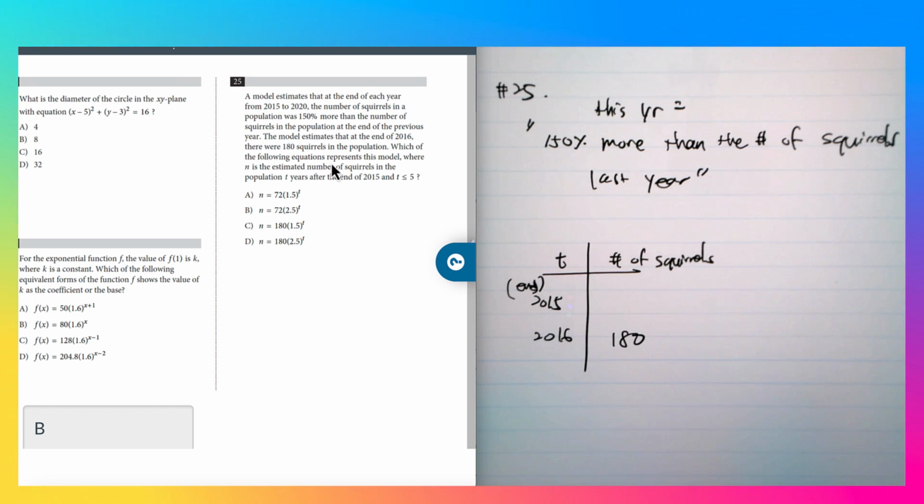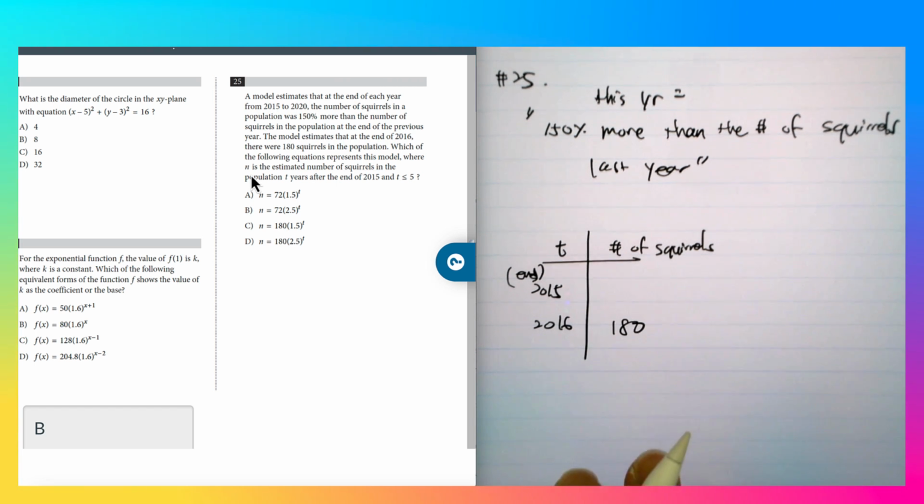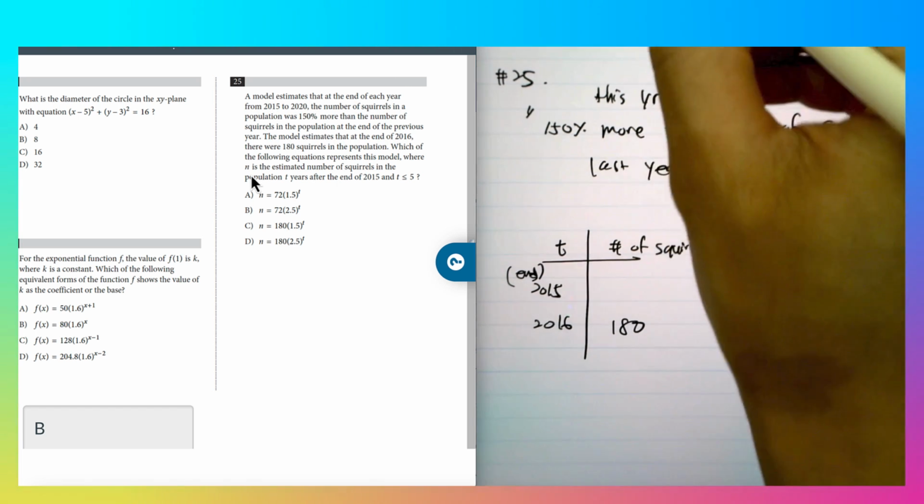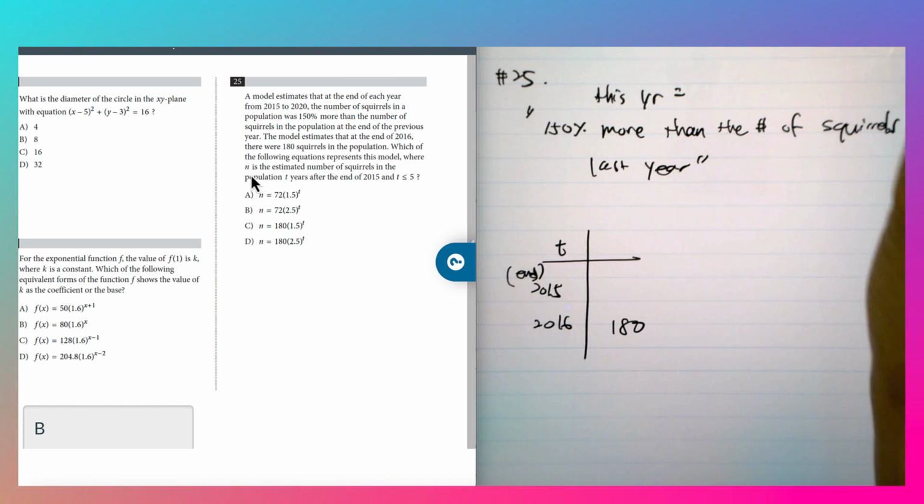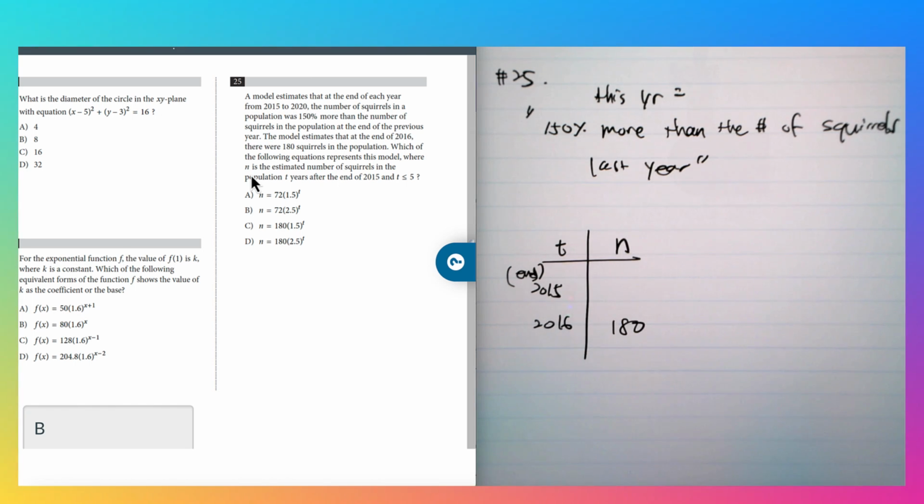Which of the following equations represents this model, where n is the estimated number of squirrels in the population? So I can just replace the second column with n, the number of squirrels in the population t years after the end of 2015, and t is less than or equal to 5.